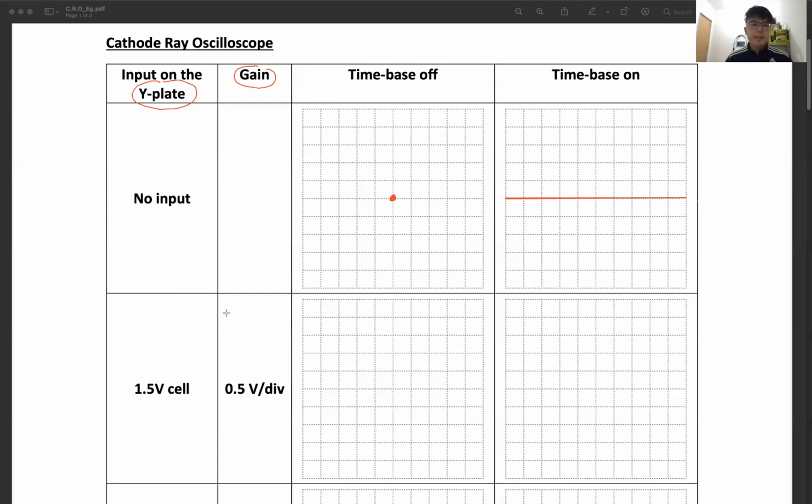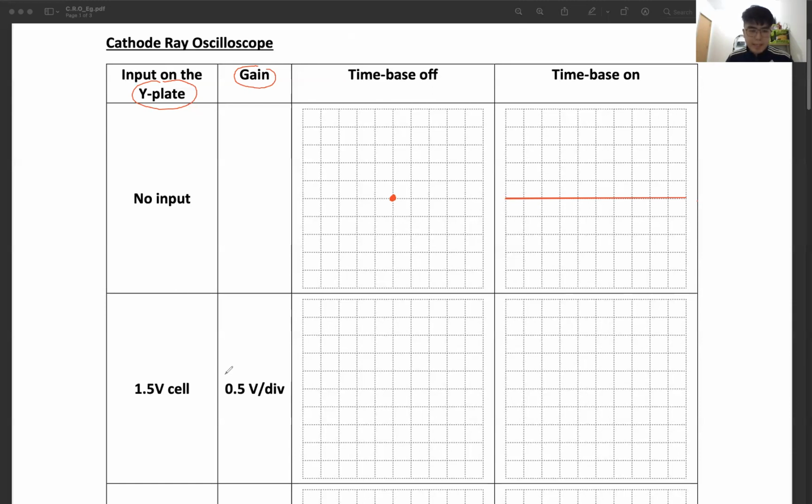Okay. Next one. If my input is a 1.5 volt cell battery, so it's a DC. Okay, fixed 1.5. Now, how does it look? Time base off, it will look like a dot, right? A dot.